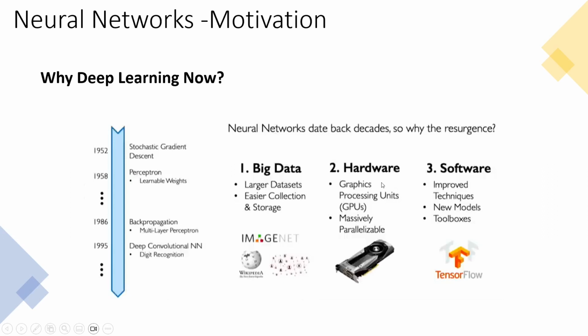The second thing which you cannot underestimate is the hardware. Now we have GPUs, graphical processing units, so we can massively parallelize things. But in the 50s, you just had computers that are weaker than our calculators nowadays. So they didn't have the hardware resources to run neural networks, and you also need some software in order to create your neural networks.